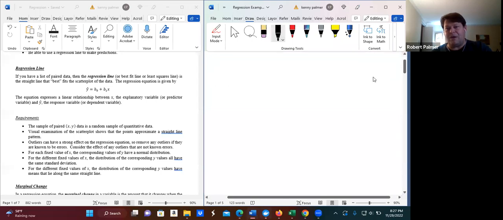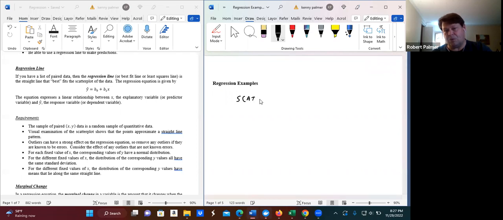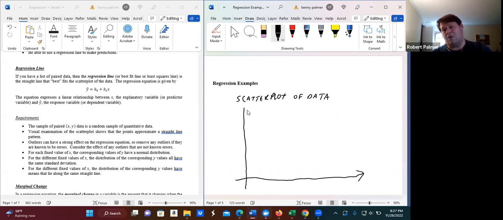So let's say you have a scatter plot of some data. You found some paired data. Of course, here's your X-axis and Y-axis. Let's say you have some data.